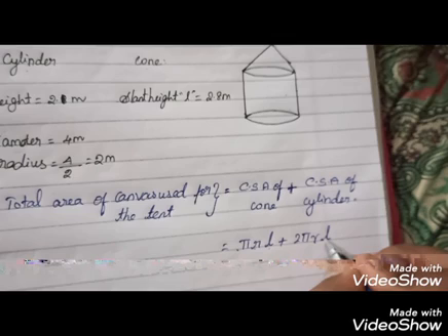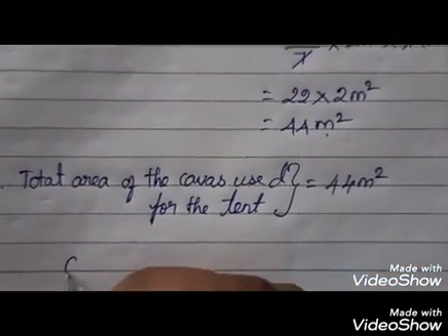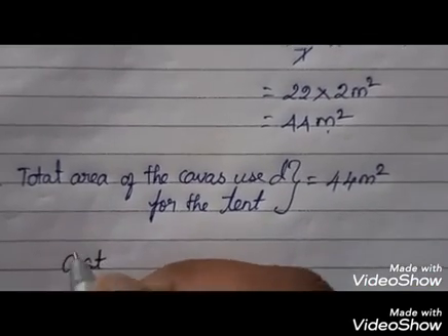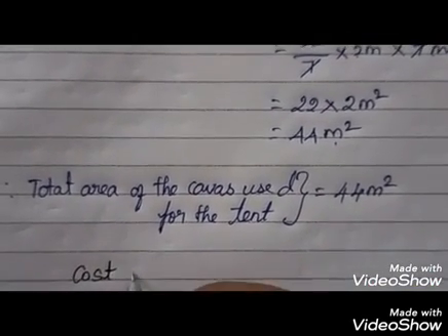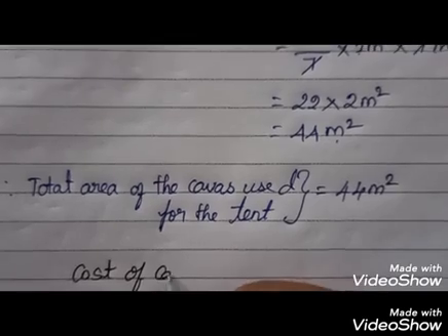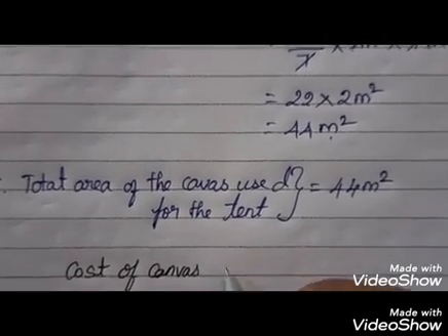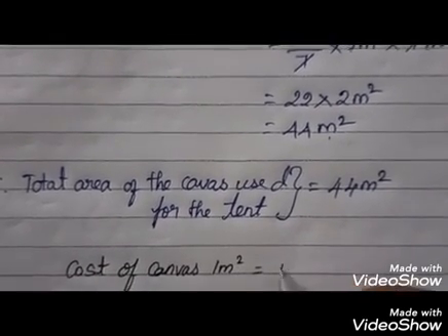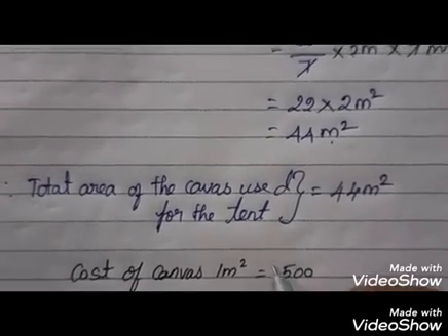In the question itself they have given the cost per meter square of canvas, which is equal to rupees 500. On that basis we have to find out the total amount. So cost of canvas 1 meter square, which is equal to 500.